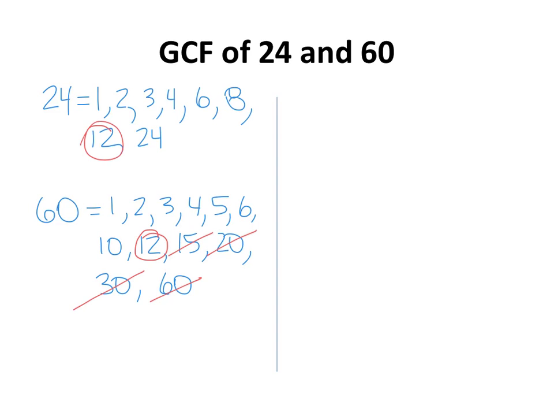But 12 is the largest number that shows up on both lists of factors. The problem is that this strategy becomes very, very time-consuming for the kinds of questions that we're going to see in grade 10. So our strategy is going to rely on prime factorizations.